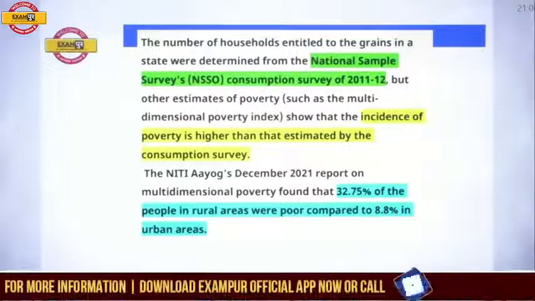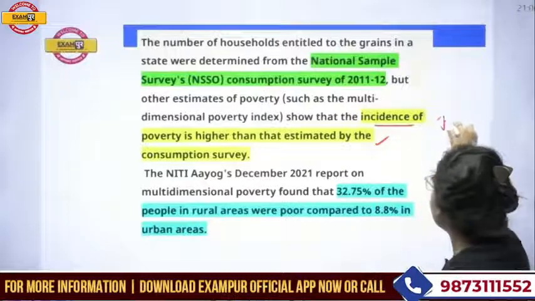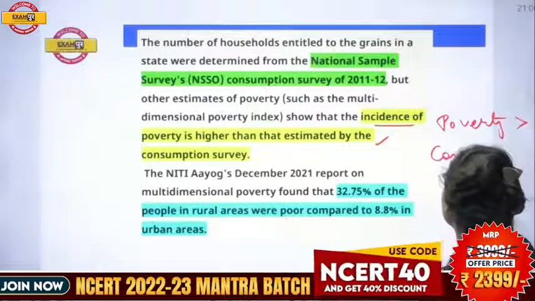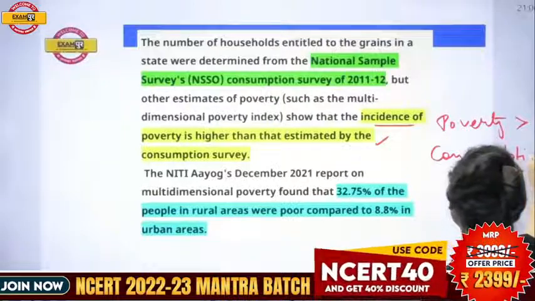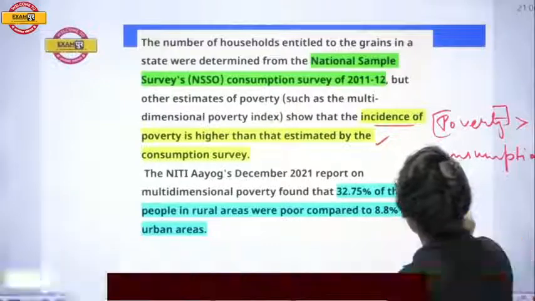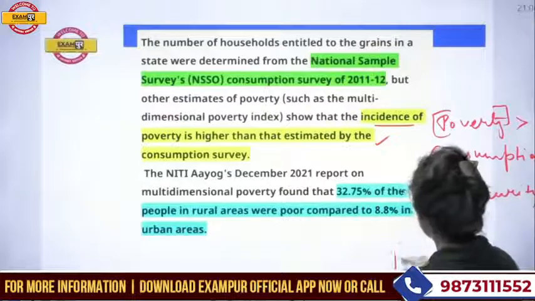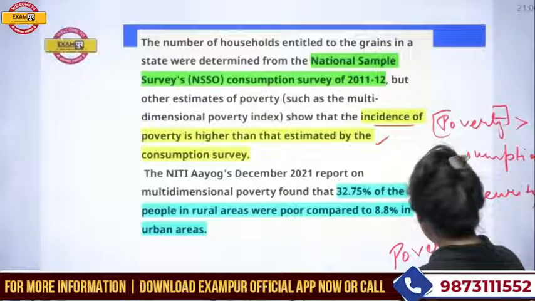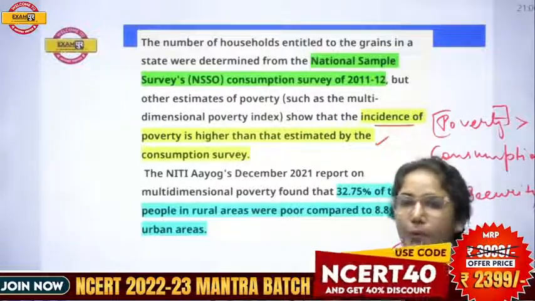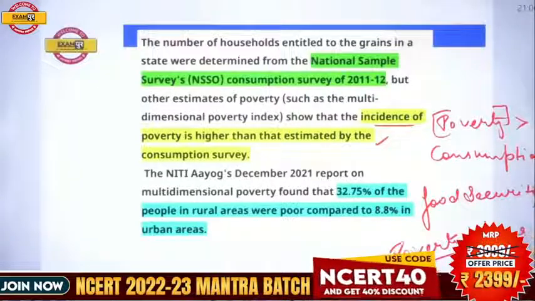The incidence of poverty is higher than the estimation of the consumption survey. Our main aim in providing food security is to eradicate the problem of poverty, to bring people out of the poverty trap, and to eradicate the problem of hunger.